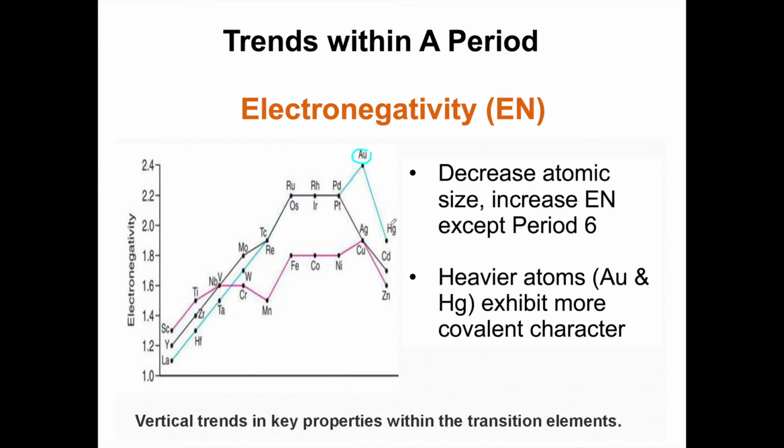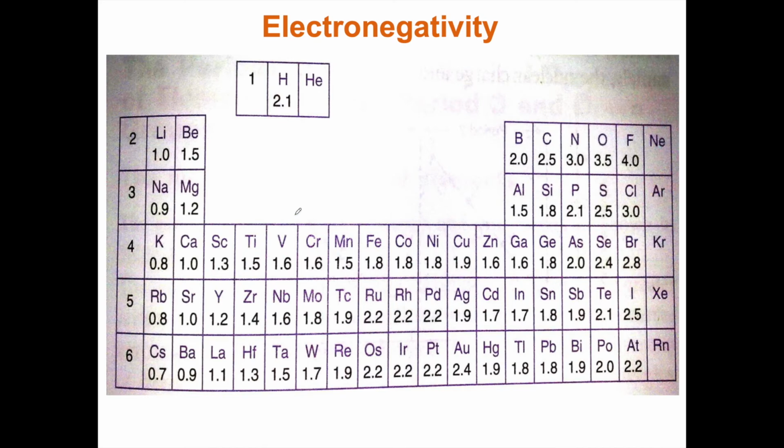This is gold and also mercury. Then these are the values for the electronegativity for each element here. You do not need to remember them at all. Usually you will be given the value of the electronegativity for each element.